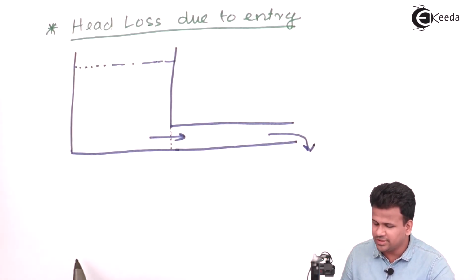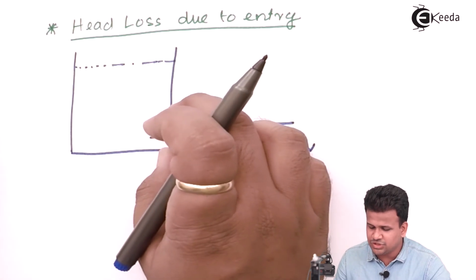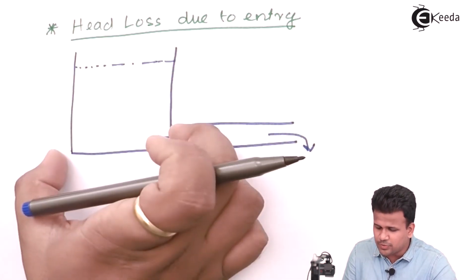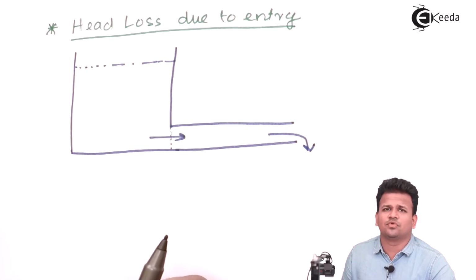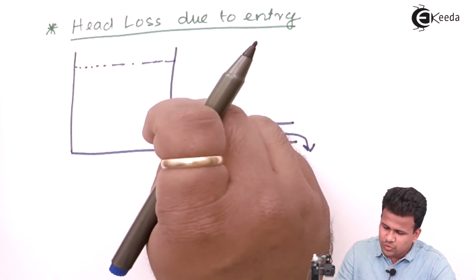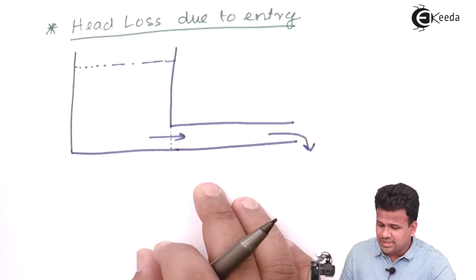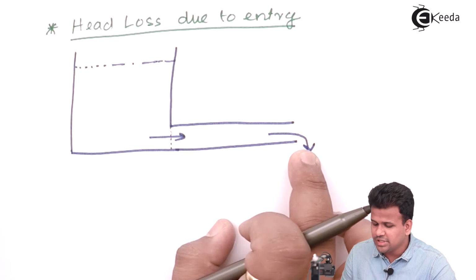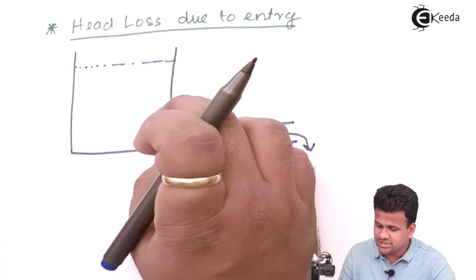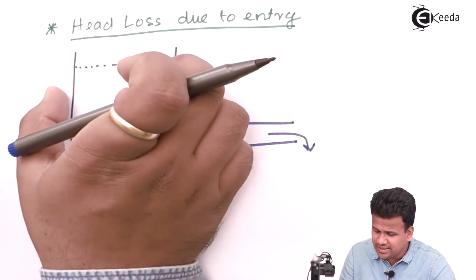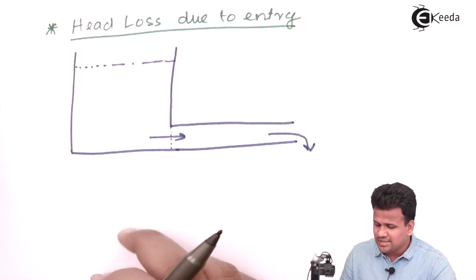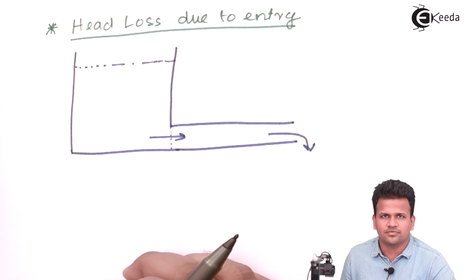Now during this, there is a sudden change in the flow pattern of the pipe. Initially in the reservoir, when it was at rest, the fluid was static. Once we open the gate, there is some head difference between these two ends. Now during this, the fluid starts to flow from a static condition to a dynamic condition. So there is a change in the flow pattern of the pipe.